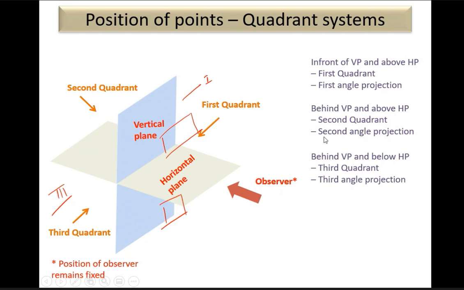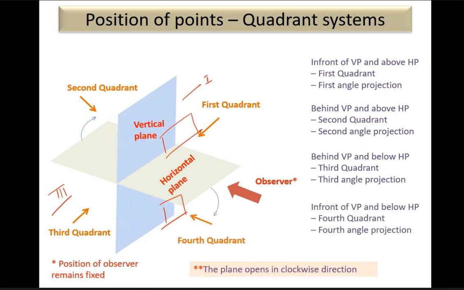Anything projected in the first quadrant is called first angle projection. Anything projected in the second quadrant is called second angle projection. For the third quadrant, it is third angle projection, and similarly in front of VP and below HP, it will be the fourth quadrant, and the projection we obtain over here is fourth angle. Is it clear?